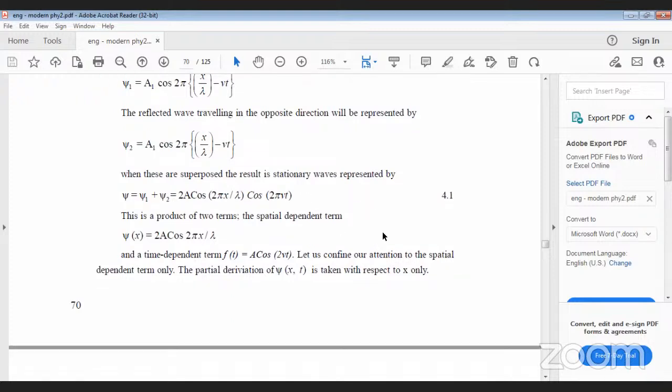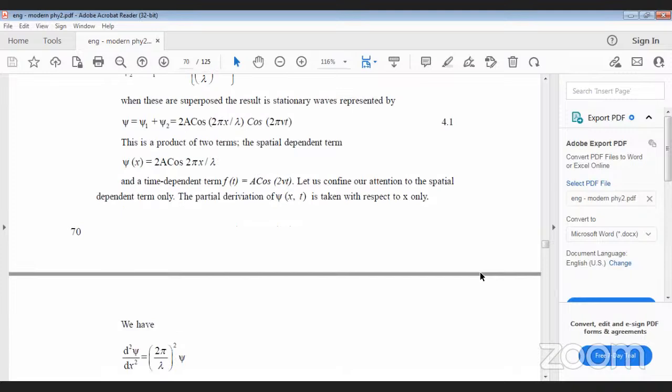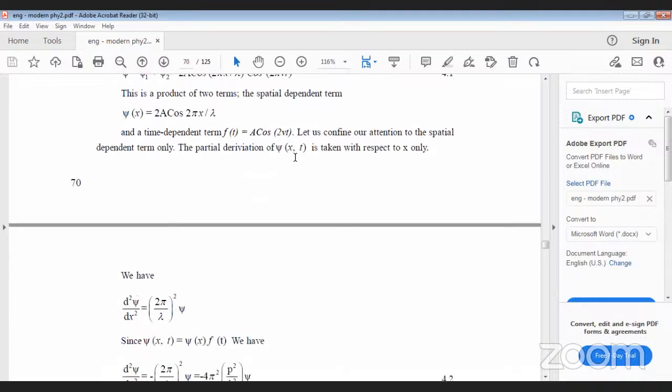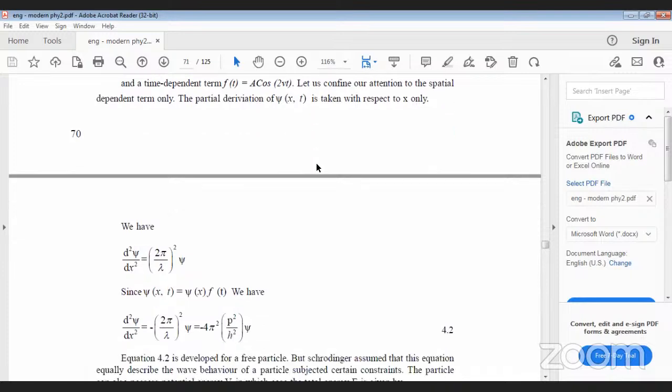So this is the product of two terms. The time independent term, the function of t, is a cos 2 pi nu t. And with respect to the position and time, the wave function is denoted by position and time.